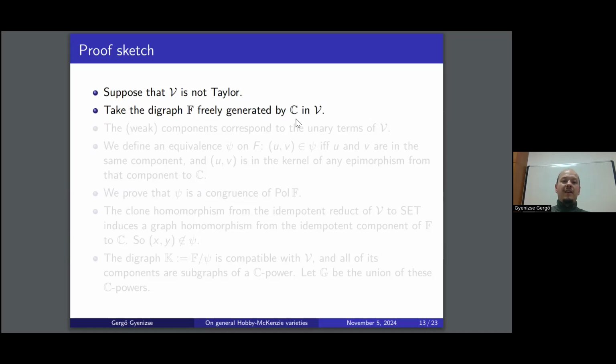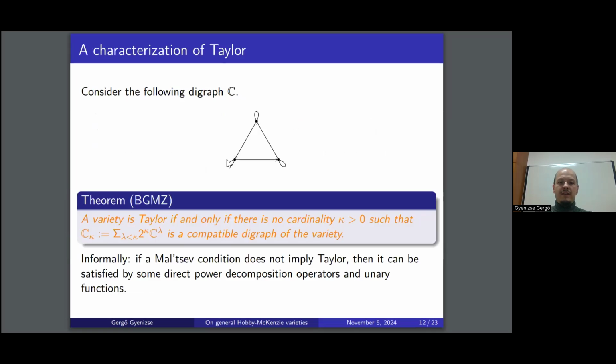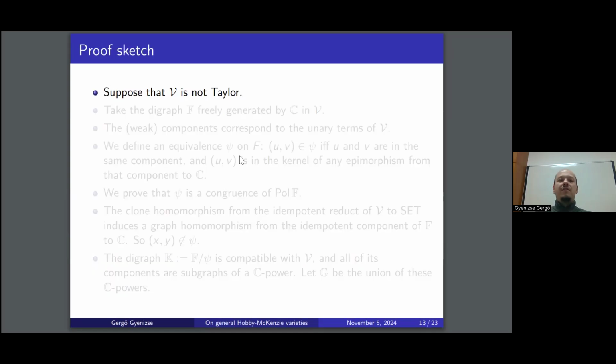By that I mean take the free algebra generated by three elements x, y, z, and in this consider the graph generated by the edges xx, yy, zz, xy, yz, zx. That will be the digraph freely generated by this digraph C.